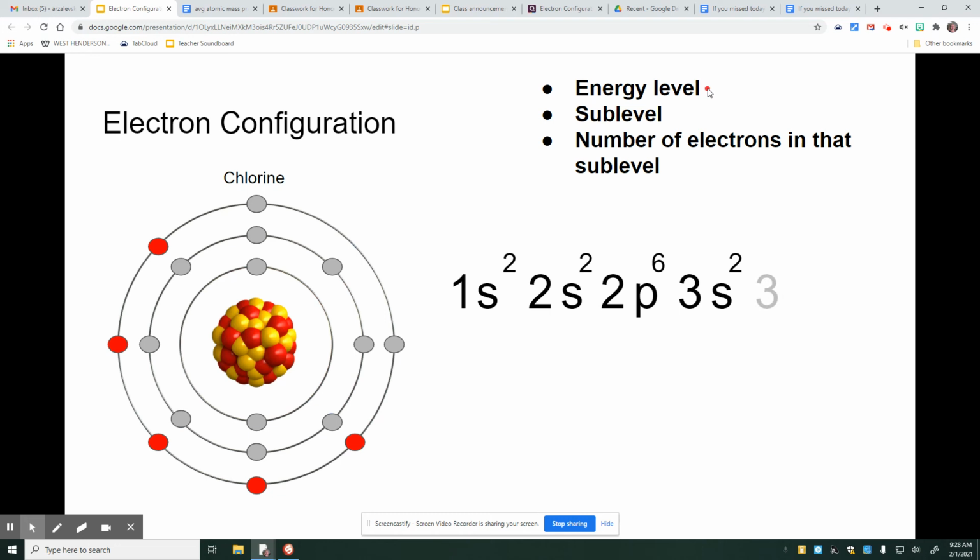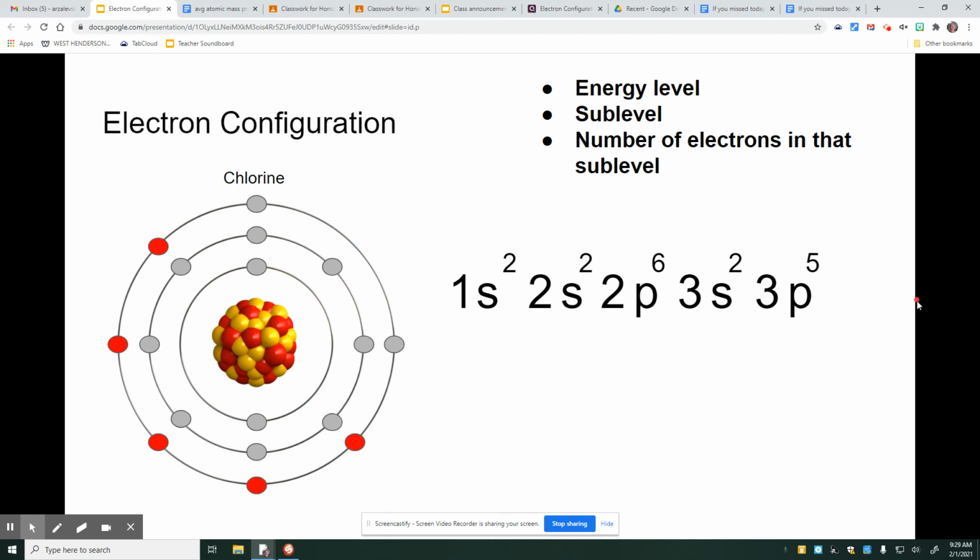They are still on the third energy level. The S sublevel is full, so now the P sublevel will start to fill. And the P sublevel can hold up to 6, but I only have 5 more electrons, so I'm just going to put a 5 here because that's how many electrons would be in that P sublevel. This is the electron configuration for chlorine.